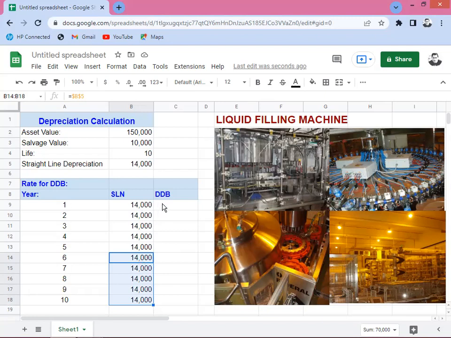Okay, there's another way of doing it. This is what you call DDB, or double declining balance method of depreciation. The DDB, double declining, is a rapid or accelerated depreciation of the machine. You're going to depreciate a higher amount of money for the first, maybe first 3 years, first 4 years, or first 5 years, or the first half of the useful life of the machine. Then the second half, the amount of depreciation is much smaller.